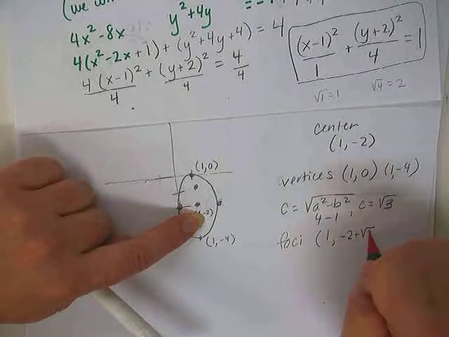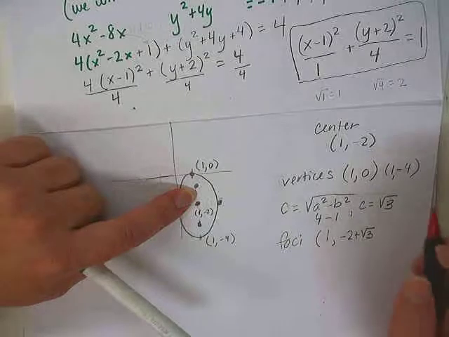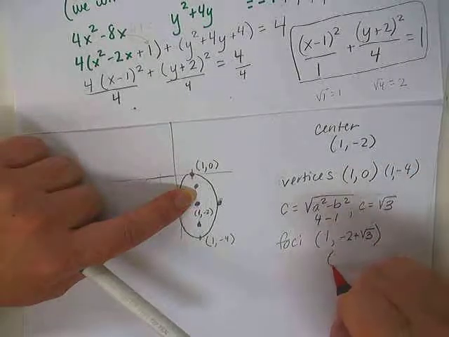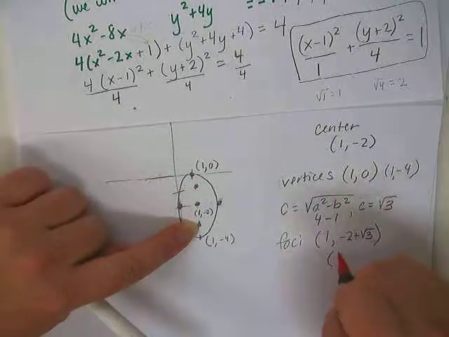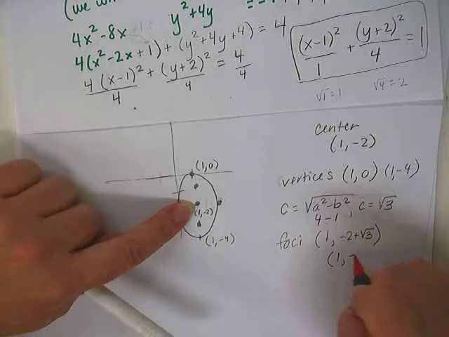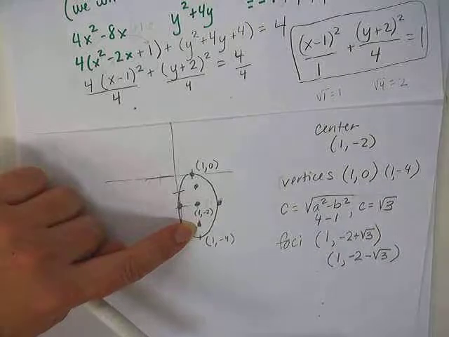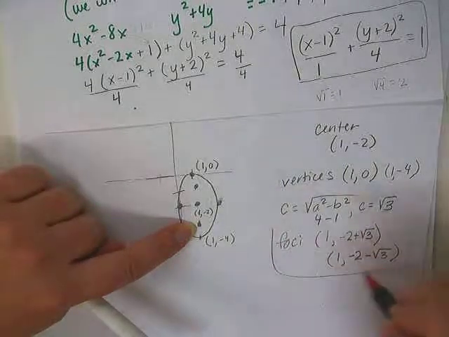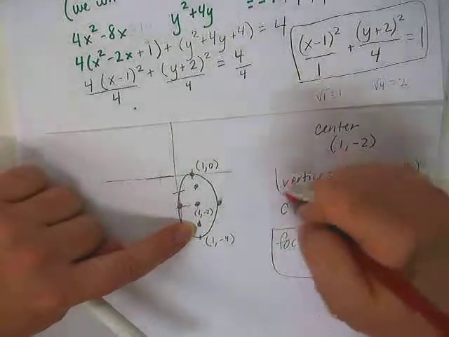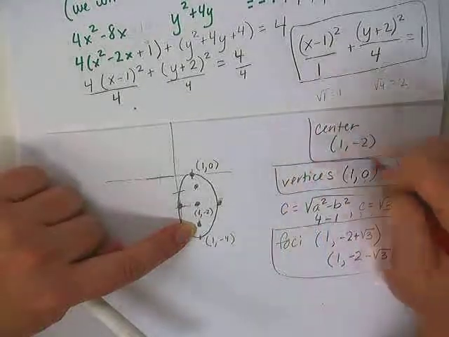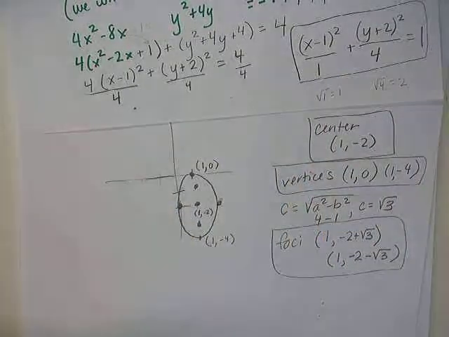It's actually a positive 1. And then the center's at a -2. So -2 plus square root of 3 to take it up from the -2. The other focus will be located at 1, and then the center is at -2, and we subtract the square root of 3 to get down to that one.